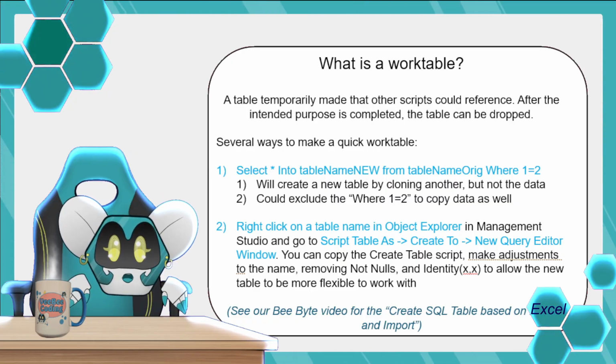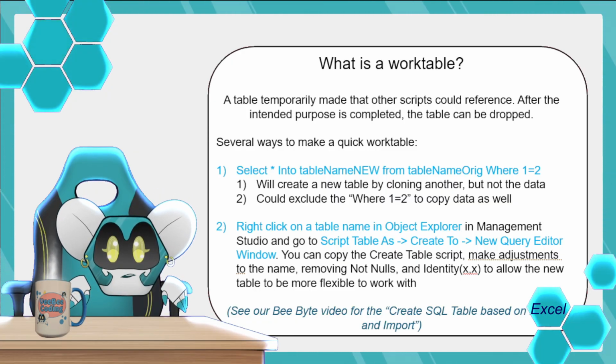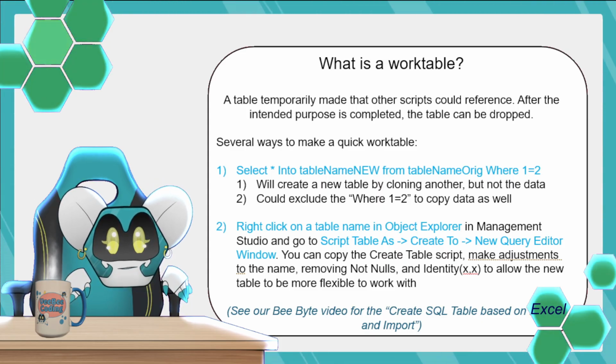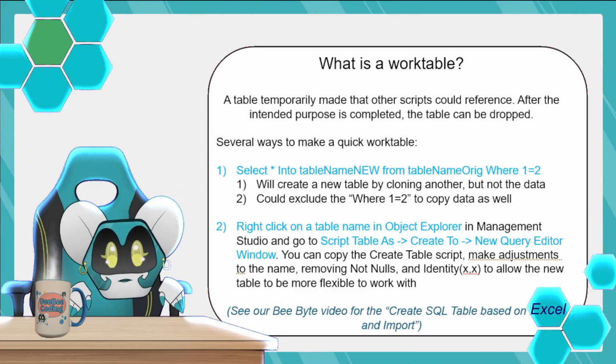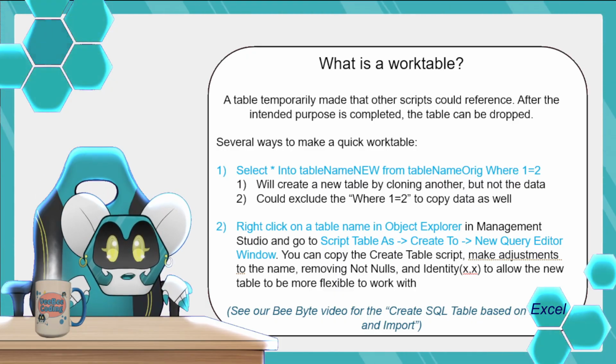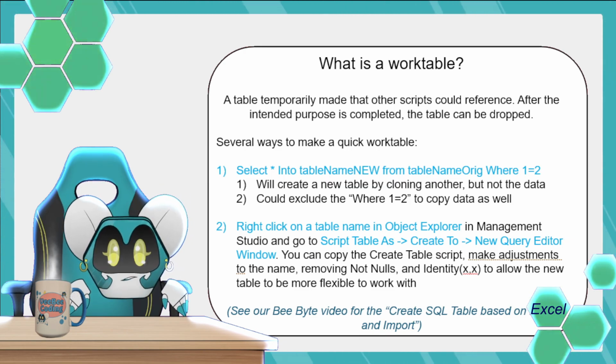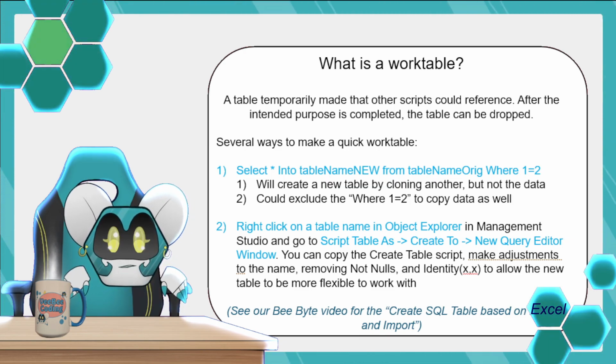Another method to make a work table is to go to that table in your Object Explorer in Management Studio, right-click the table name and go to Script Table As, Create To, and click New Query Editor Window. That'll bring up the Create Table script.